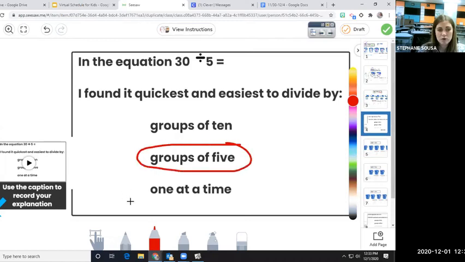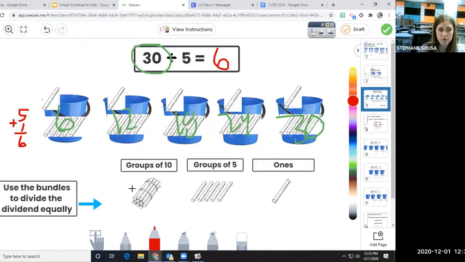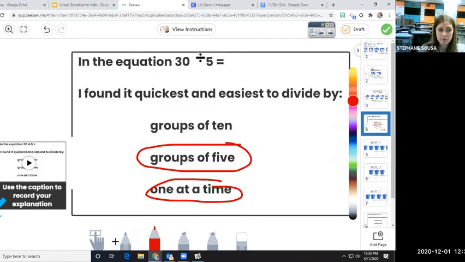I used groups of 5 and 1 at a time. We used both. Here's my group of 5. Here's my 1 at a time. So we used both. My directions told me to use the microphone to explain why. So I'm going to do that.